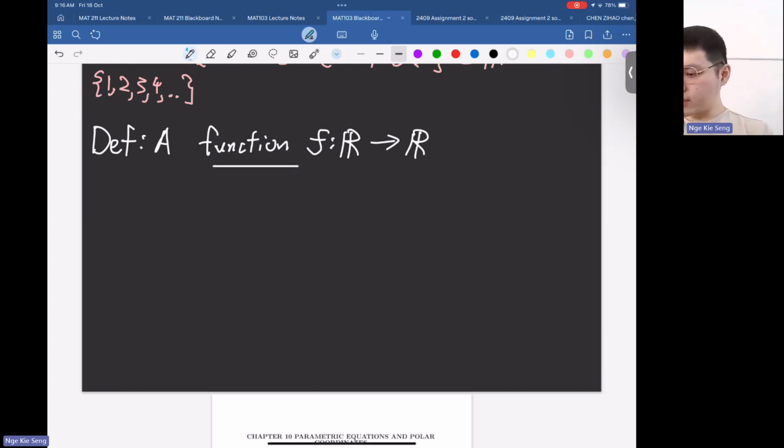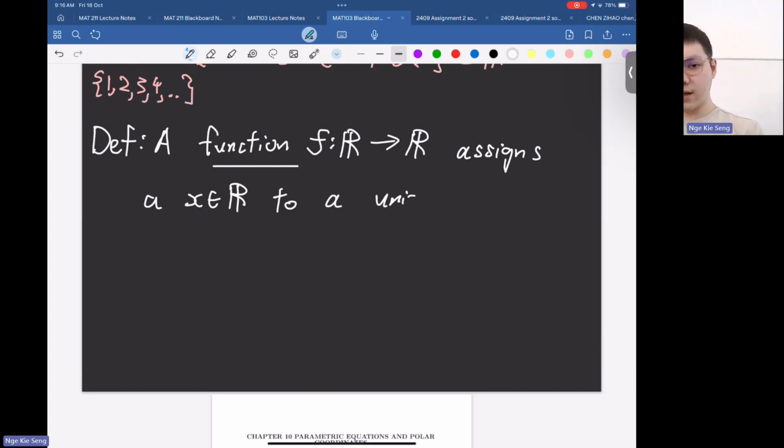A function simply assigns an element in the domain to an element in the codomain, x to f(x).